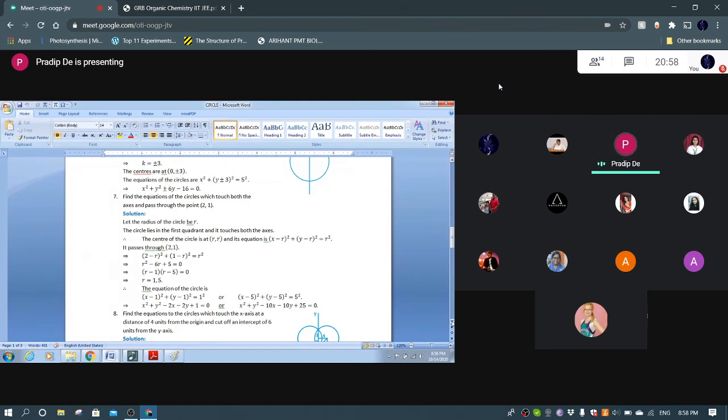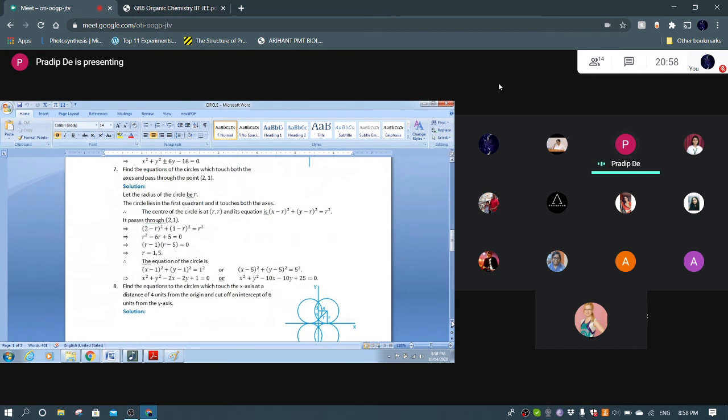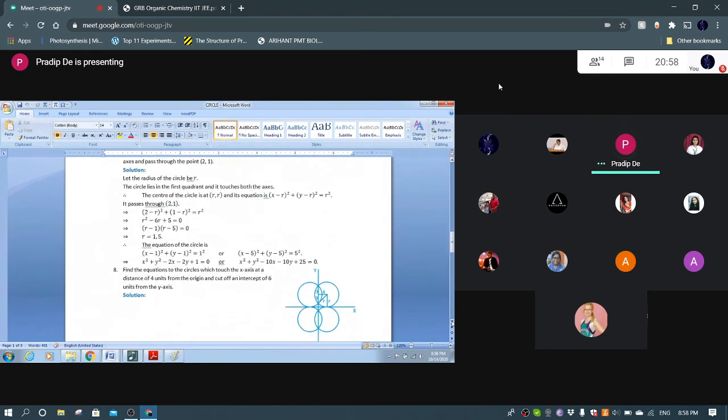Right. Exactly. These are those 4 circles. See, they're touching the x-axis at a distance of 4 units from the origin, and they are cutting the y-axis, and they're cutting off an intercept of 6 units from the y-axis.